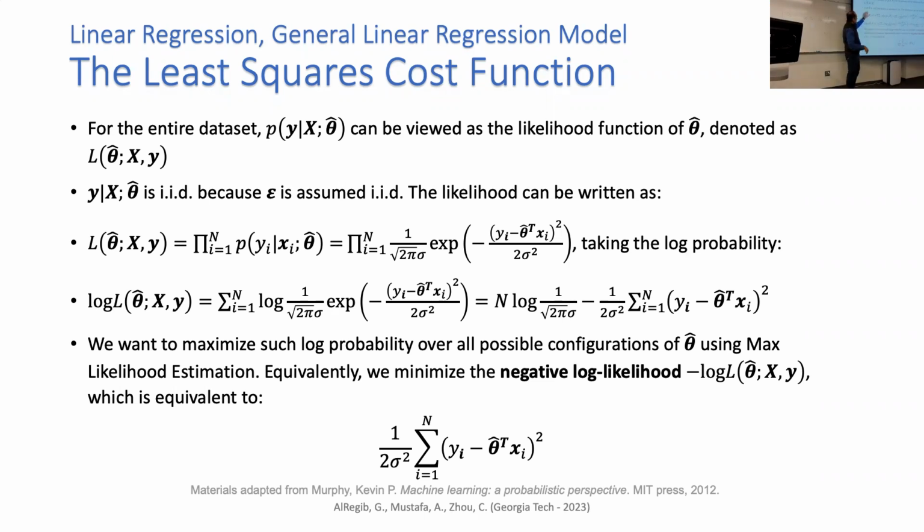I'm assuming these are independent from each other. So y1, y2, y3, y4, they are independent of each other. That's the third assumption here: IID, independent and identically distributed random variables.